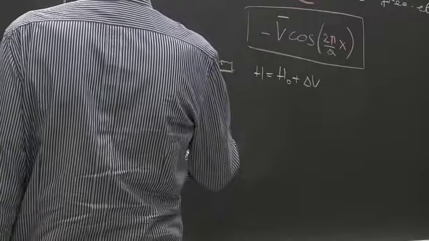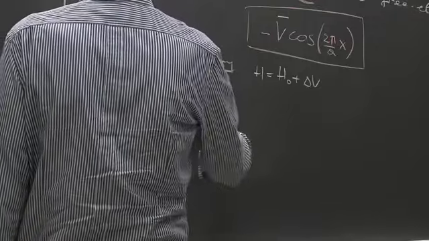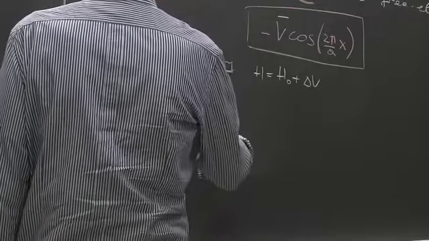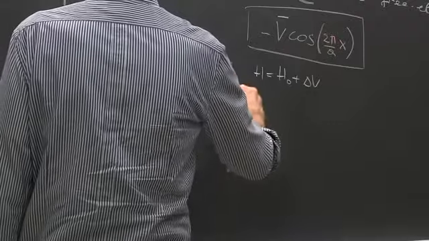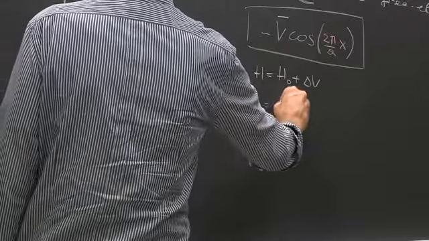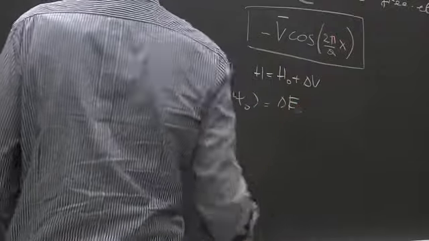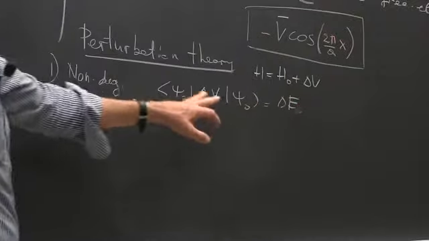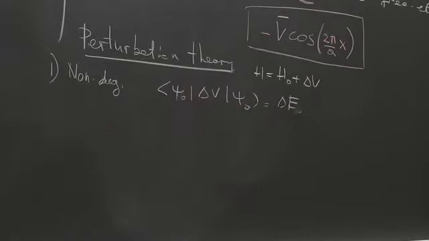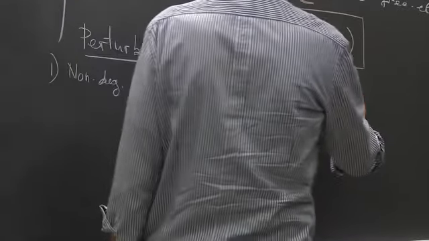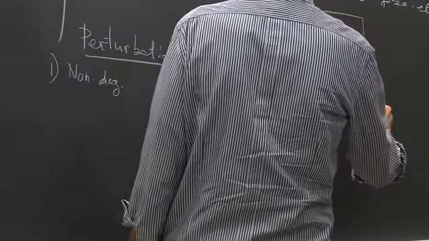For non-degenerate states, what I need to do is simply take the expectation value, at least to first order, over the unperturbed solutions, and this gives me a perturbation energy, which is simply the expectation value over the perturbing potential, at least to first order in perturbation theory.